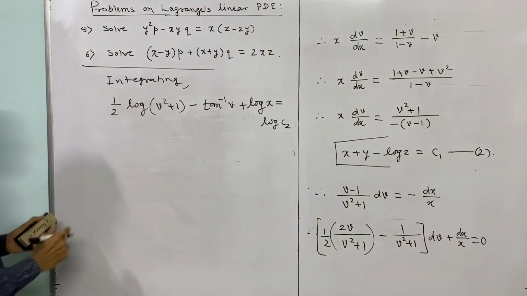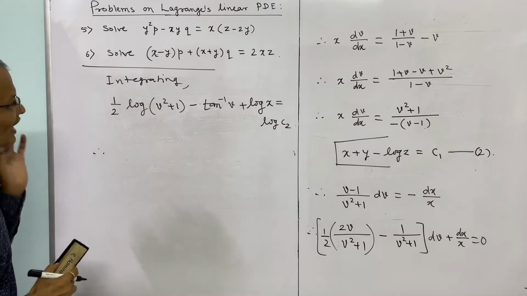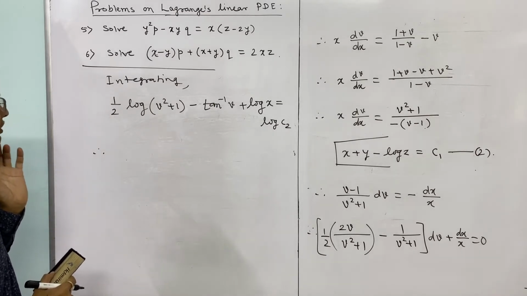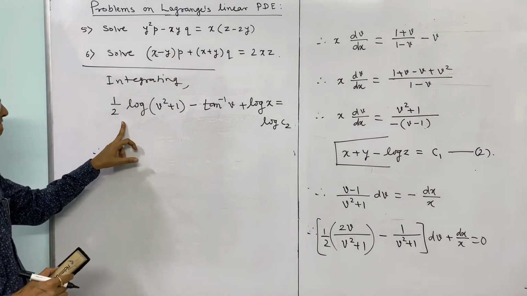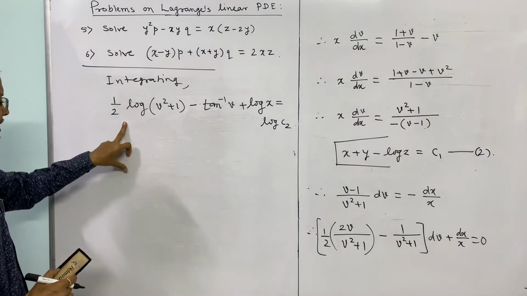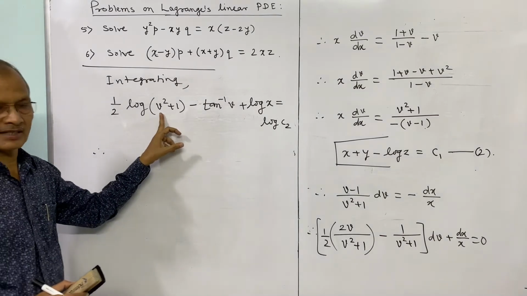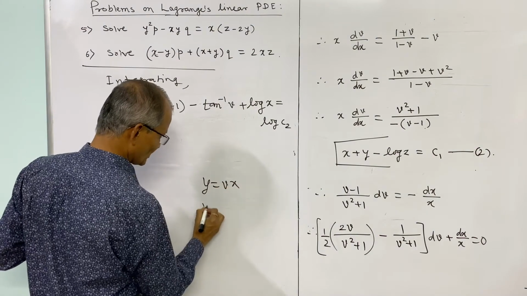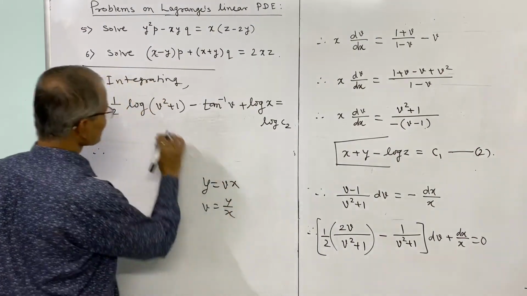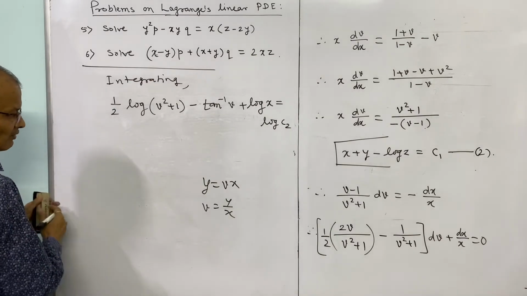Then we can multiply throughout by 2 to avoid this fraction. But before that we have to put the value of v. We have taken y is equal to vx, and therefore v is y upon x. So we shall replace v is equal to y by x.